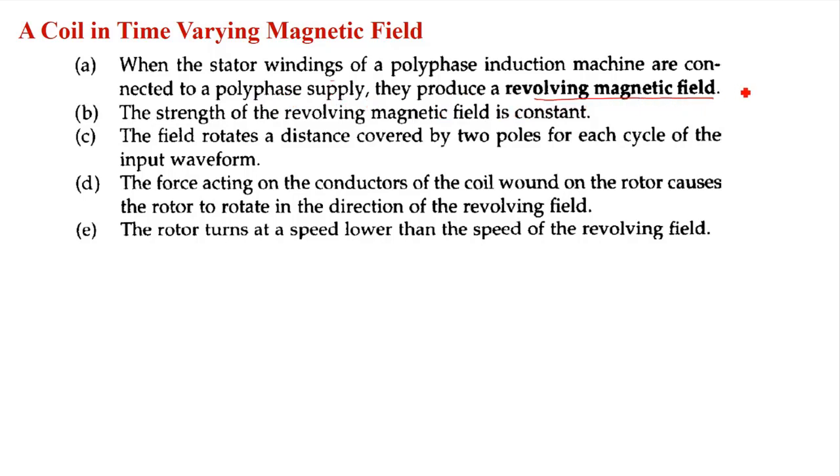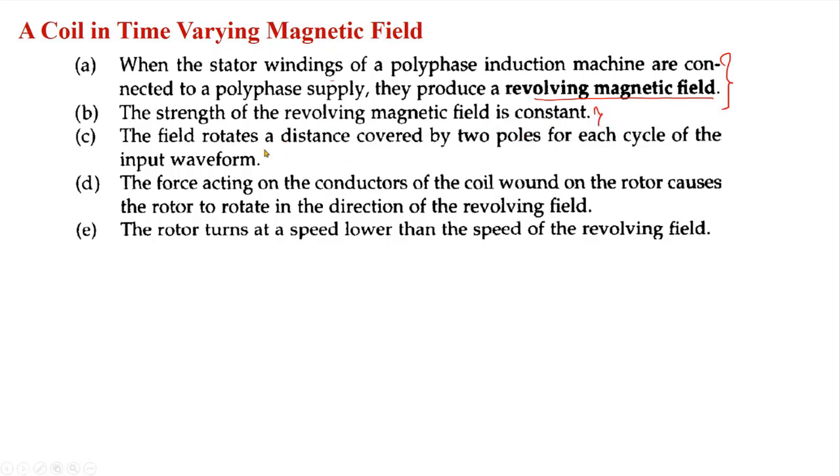We'll see how it produces a revolving magnetic field. When a polyphase supply is given to the distributed stator winding of an induction motor, it produces a revolving magnetic field, and the strength of the revolving magnetic field is constant. We'll see all these things.